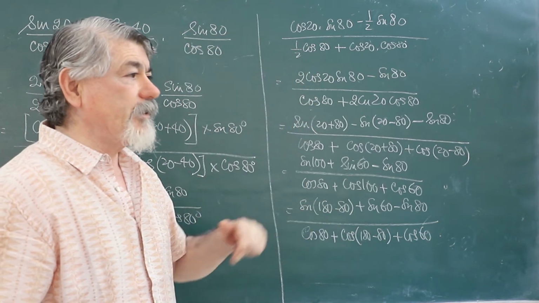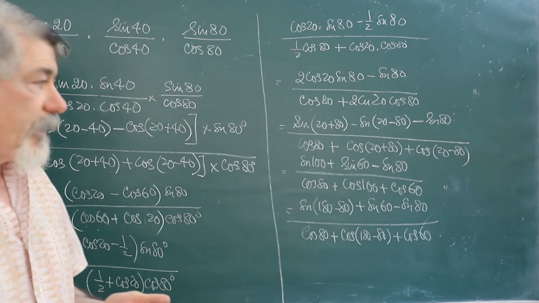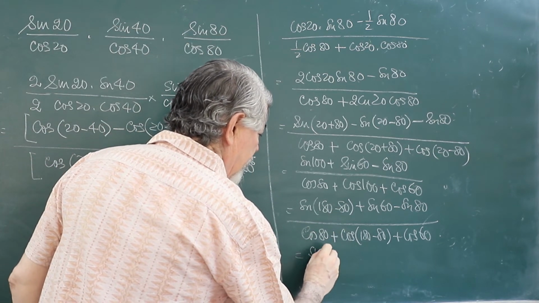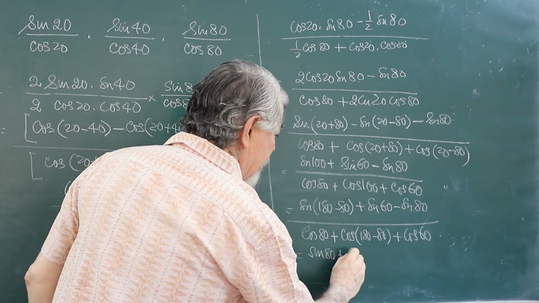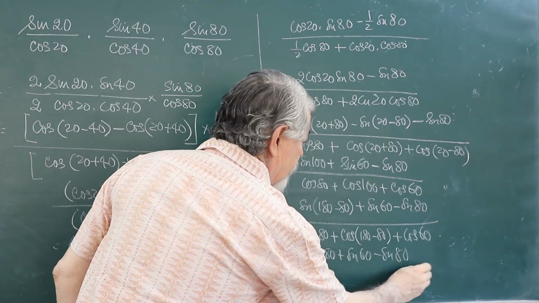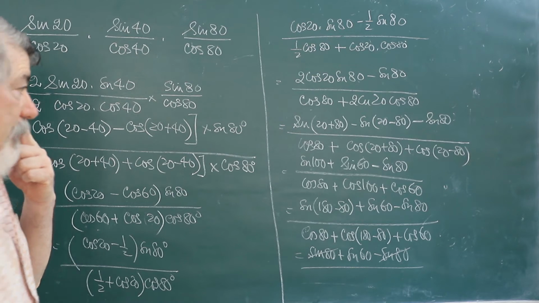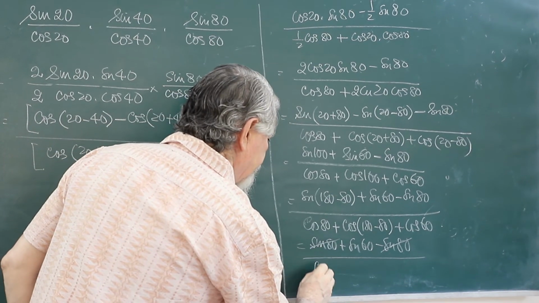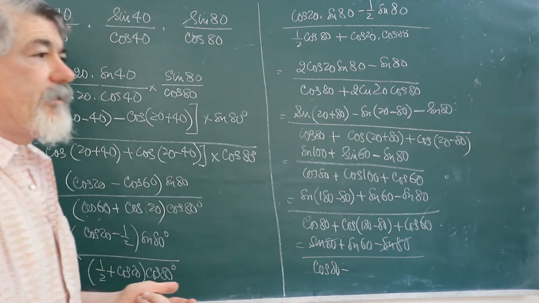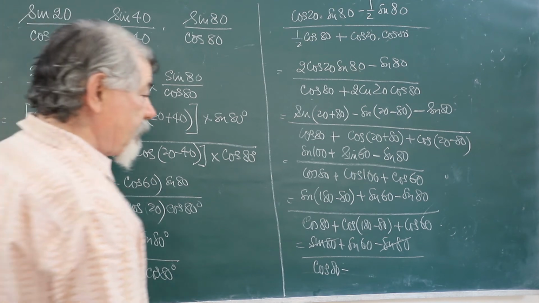Sin 180 minus theta is sin theta. It is going to fall into the second quadrant, so it will be sin 80 plus sin 60 minus sin 80. You can see that sin 80 and minus sin 80 will cancel. Cos 80, and cos 180 minus 80 again in the second quadrant, but cos 180 minus theta is minus cos theta.